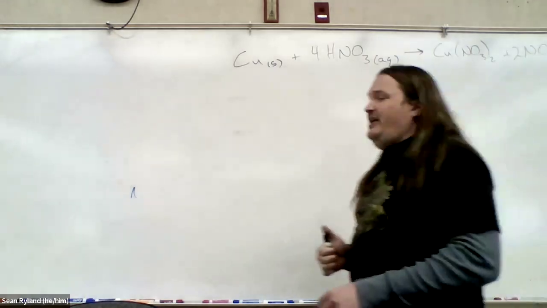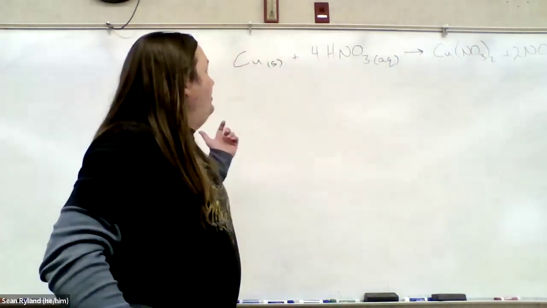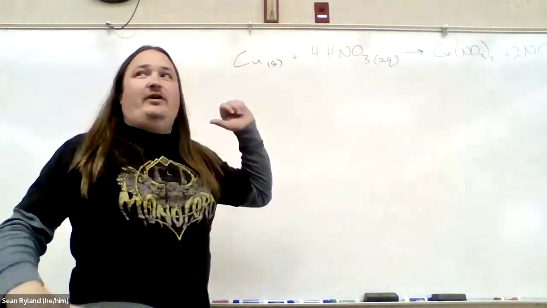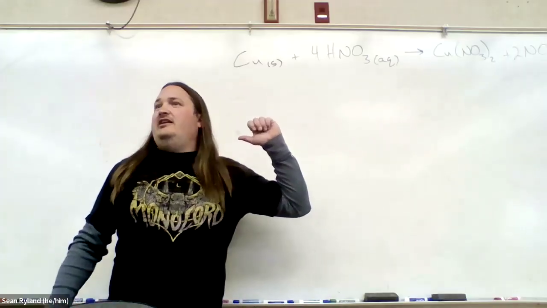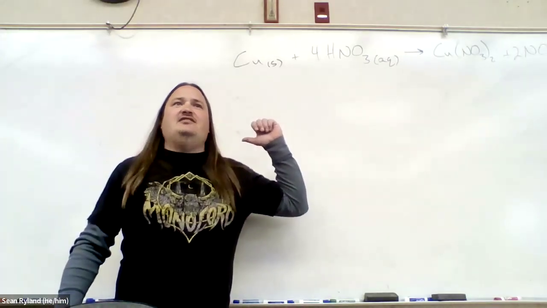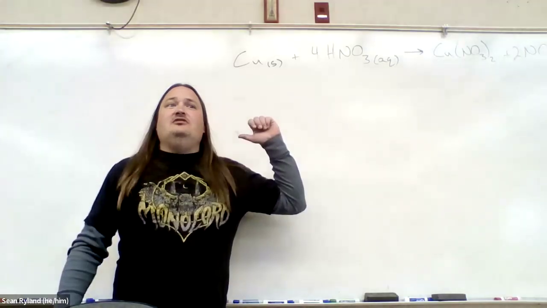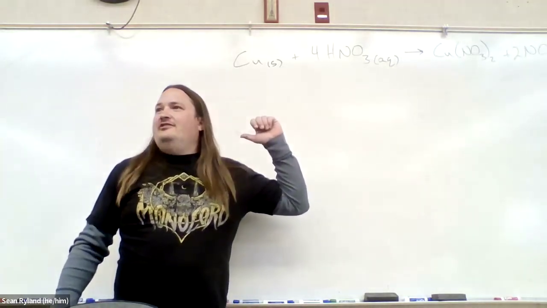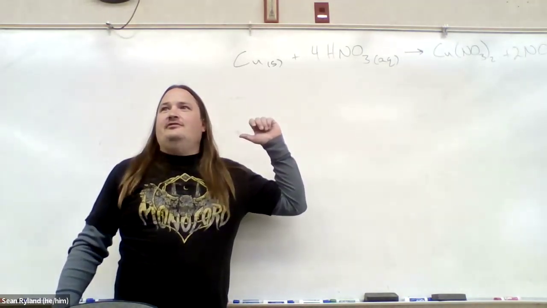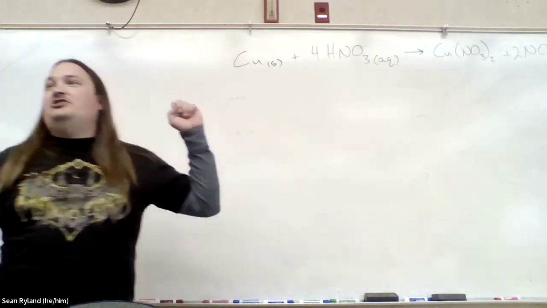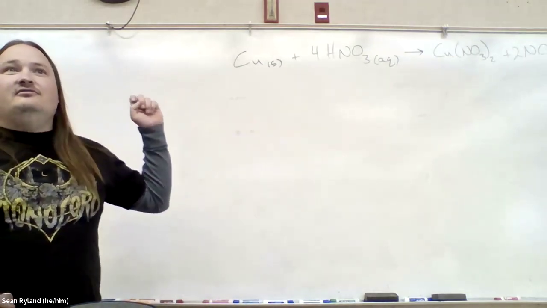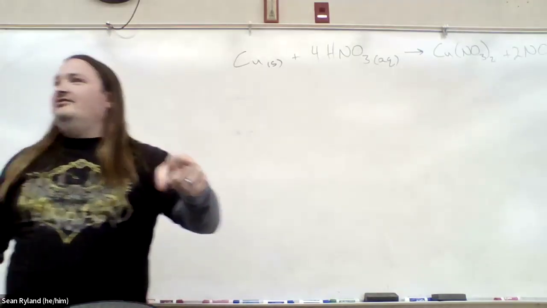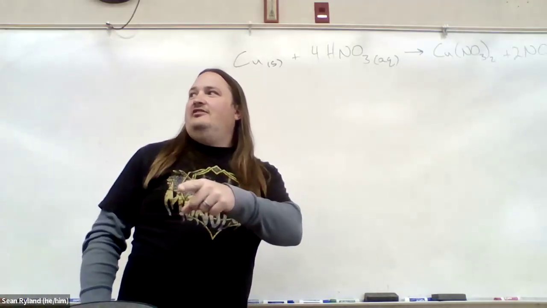What this reaction actually is, it's a combination of reactions, because we can look at it and definitely see it's a redox reaction. What's our dead giveaway that it's a redox reaction really fast? Metals. What does a redox reaction mean? Reduction is half of it, and oxidation.